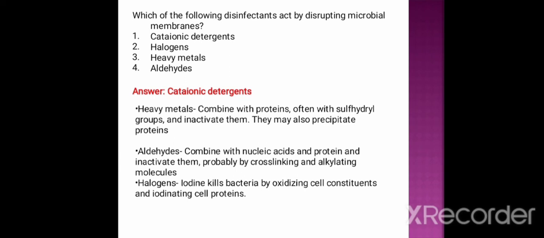They may also precipitate protein. Aldehydes act as antimicrobial agents by combining with nucleic acid and protein and inactivating them, probably by cross-linking and alkylating molecules. Halogens such as iodine kill bacteria by oxidizing cell constituents and iodinating the cell protein.